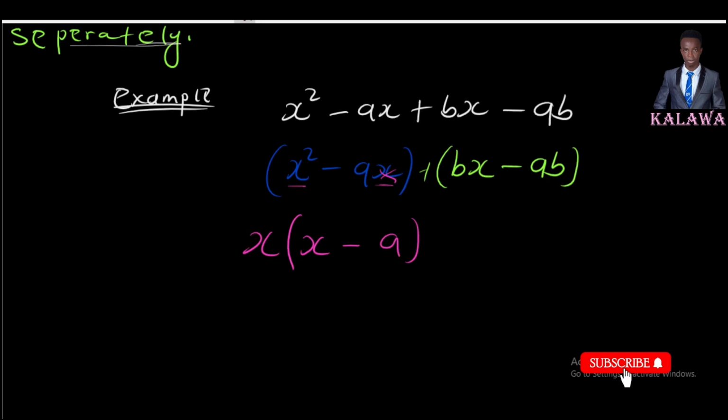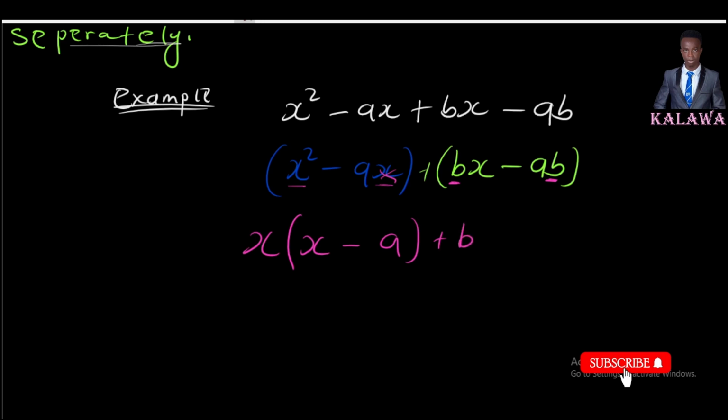So we have factorized the first two terms, and then we also factorize the last two terms. That's what the method of grouping is saying. For the last two terms, we notice that we have b in both terms, so we take it out. This is plus b.